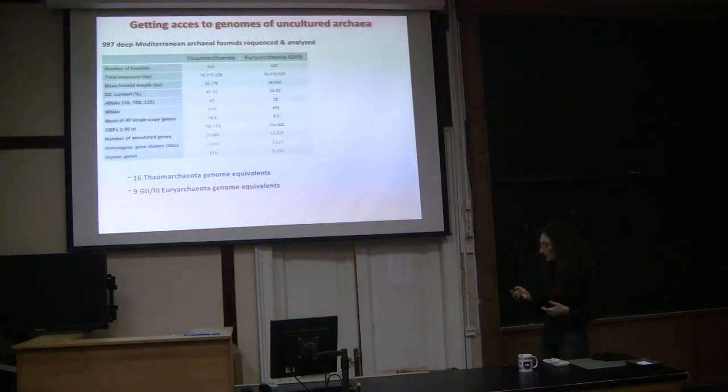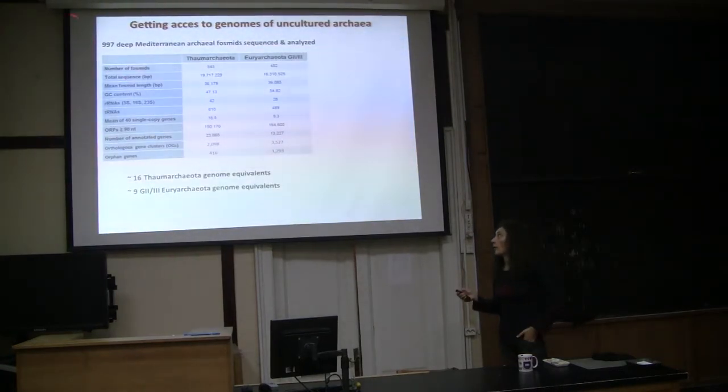In order to answer that, we sequenced almost 1,000 fosmid clones from these metagenomic libraries belonging to both Thaumarchaeota and the group 2 and 3 Euryarchaeota.